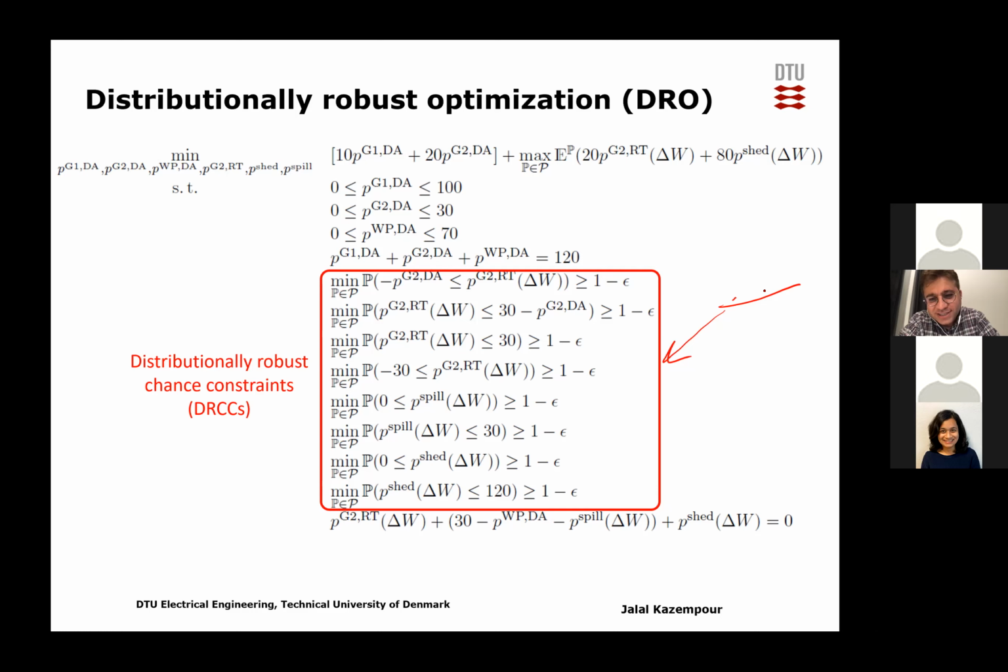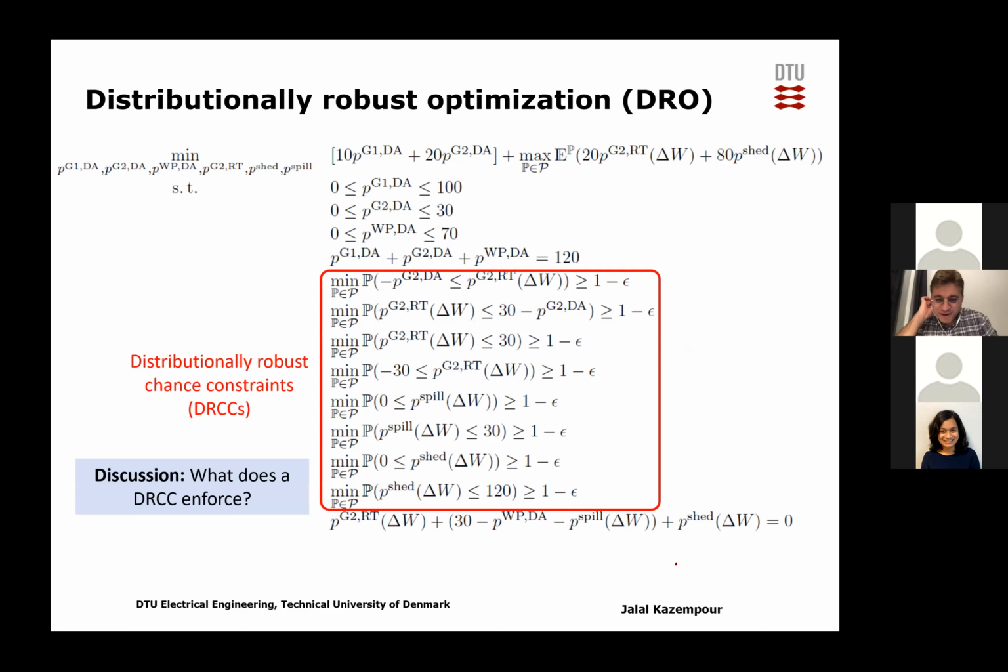Exactly. Marin says chance constraint, but with an additional mean. What does that additional mean mean? Goran says they are worst case chance constraints. Very good. We will call it distributionally robust chance constraint or ambiguous chance constraint. Let's go for distributionally robust chance constraint, DRCC.